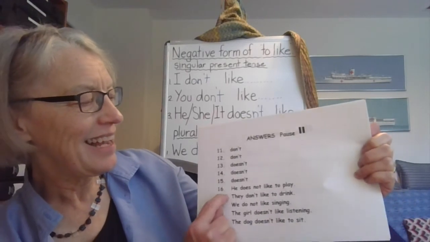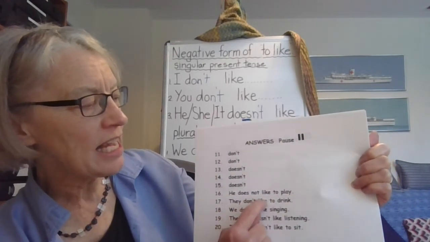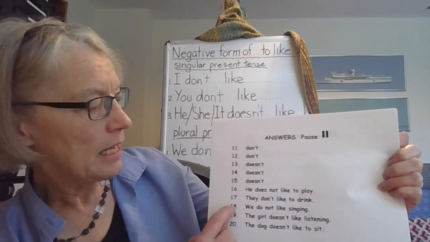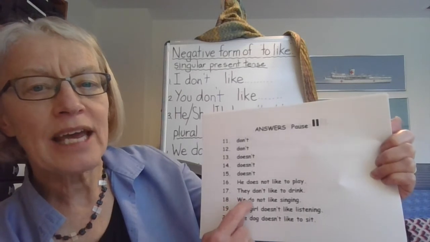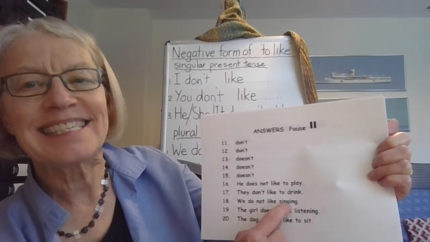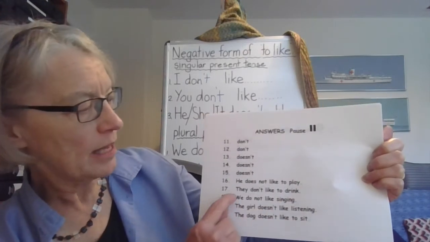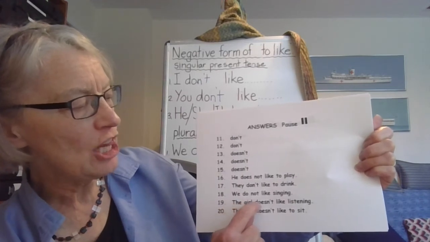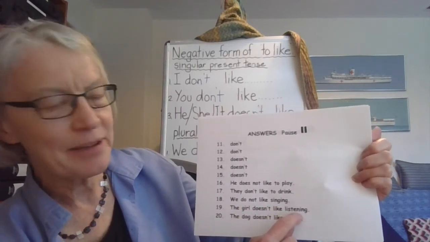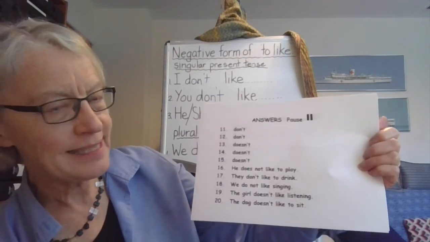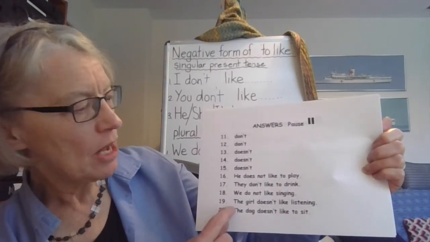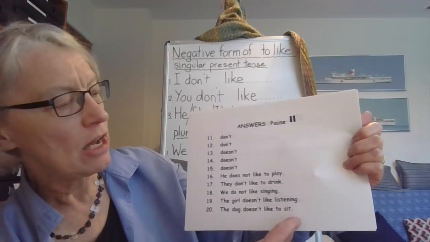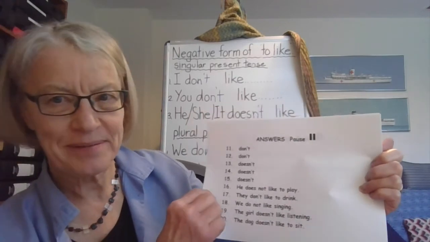Number 17, they don't like to drink, with a full stop and a capital letter. Number 18, we do not like singing, full stop, capital letter. Number 19, the girl doesn't like listening, full stop, capital letter. Number 20, the dog doesn't like to sit, full stop, capital letter.